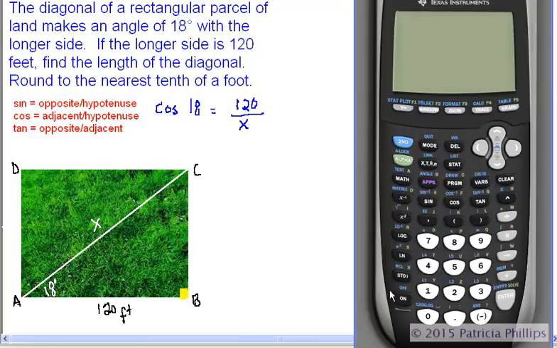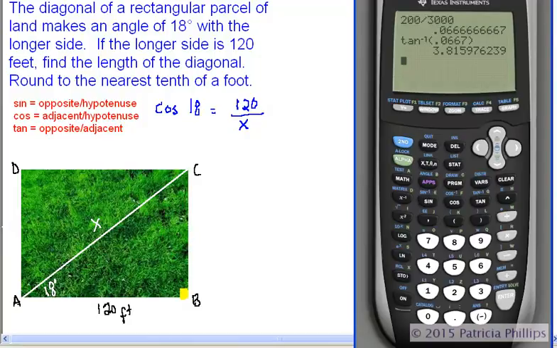Okay, so we are going to multiply x times both sides of this equation so that we can isolate it. So we're going to end up with x times the cosine of 18, or cosine of 18x, equals 120.